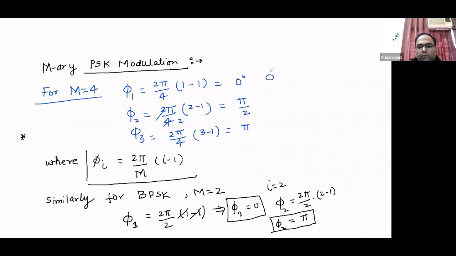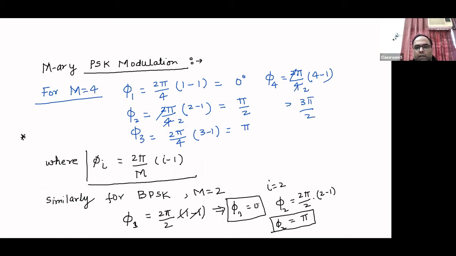Similarly, phi 4 will be 2 pi by 4 into (4 minus 1), so 3 pi by 2. So these are the four possible angles on which you can transmit your signal, right?